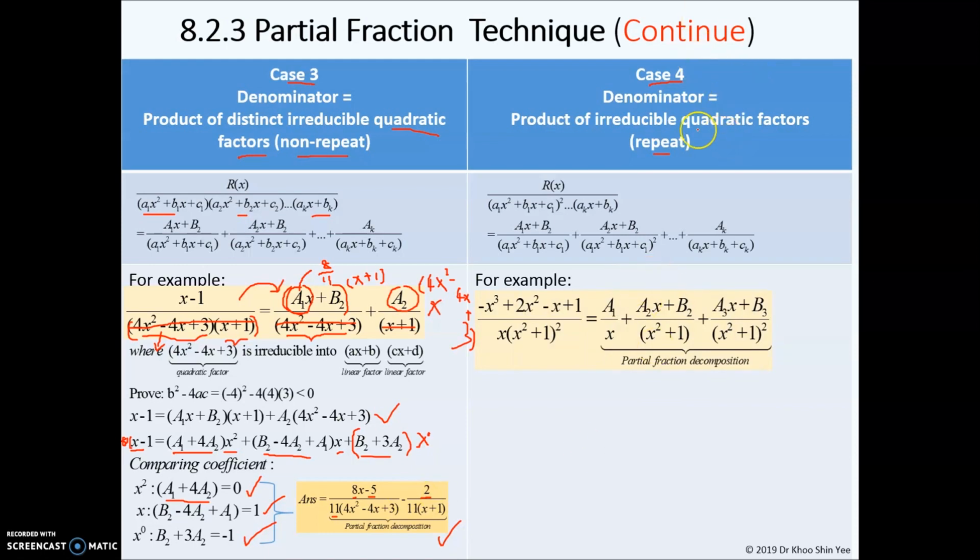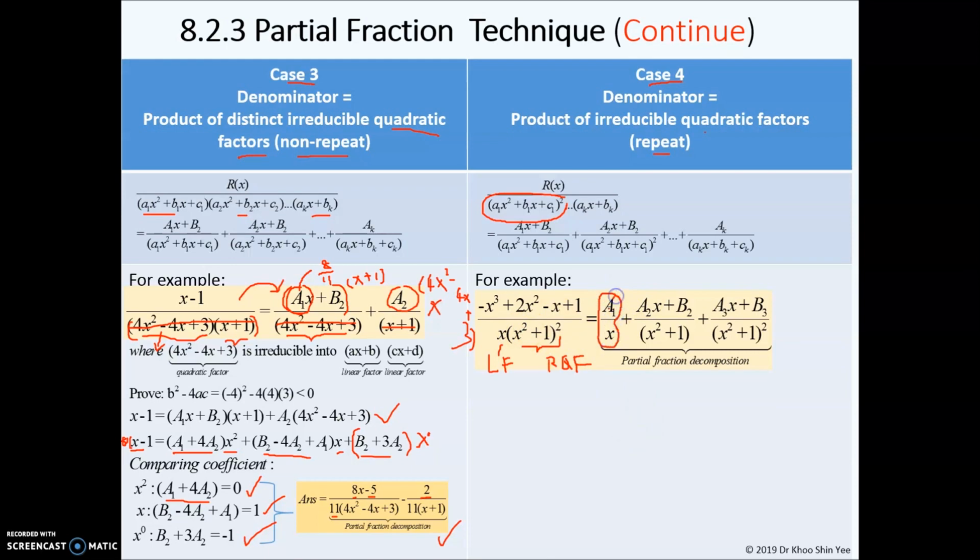And next, if you have a repeated quadratic factor, where you see this term is in power of 2, so this is the linear factor, and this is the repeated quadratic factor, because it's power of 2 here. So we can separate the linear factor.